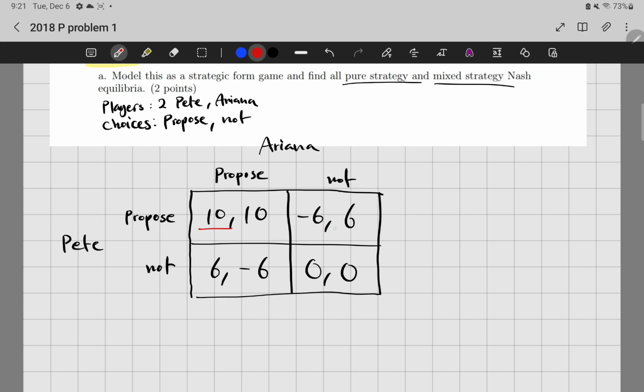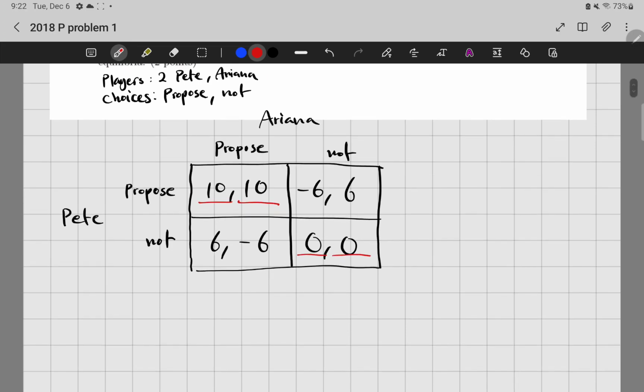When Ariana is not proposing, 0 is greater than -6, so we can underline 0. Now for Ariana, because 10 is greater than 6, we can underline 10, and because 0 is greater than -6, we can underline 0. Here we have 2 pure strategy Nash equilibria: both propose, or both not propose.